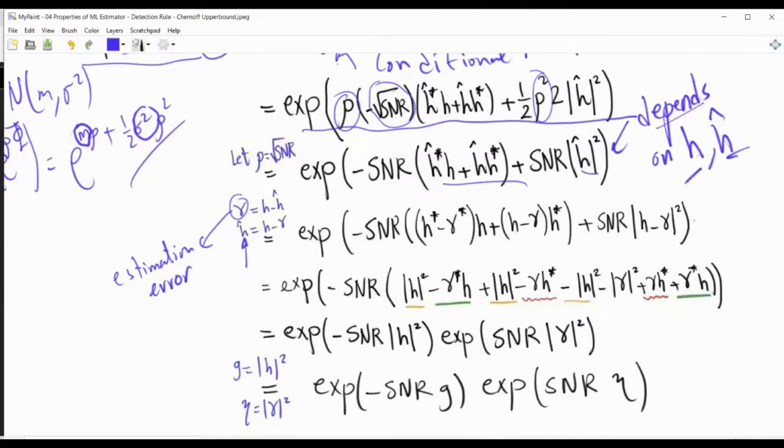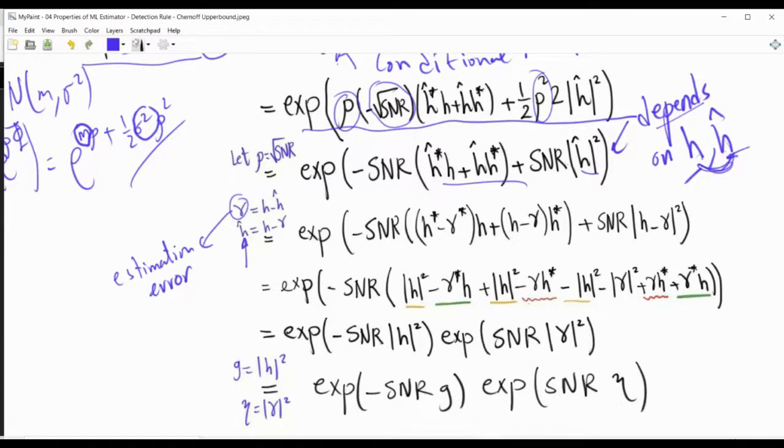I will make it depend on H and gamma, because you can go from H and H bar. You simply take the difference between these two, and the difference actually has a meaning. It is the error in your estimate. It's the difference between the true H and the estimated H. So you can write things in terms of H and gamma.